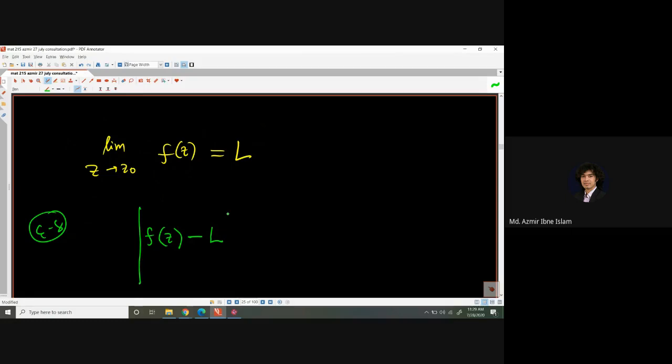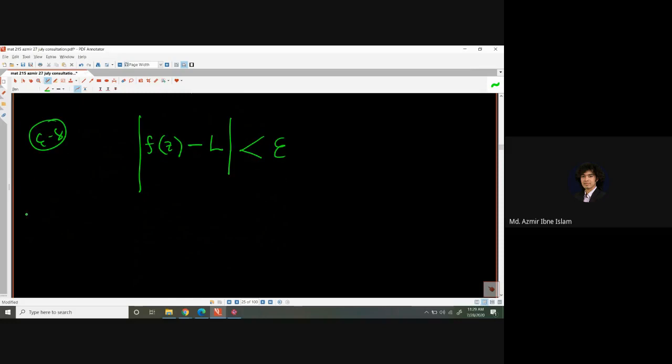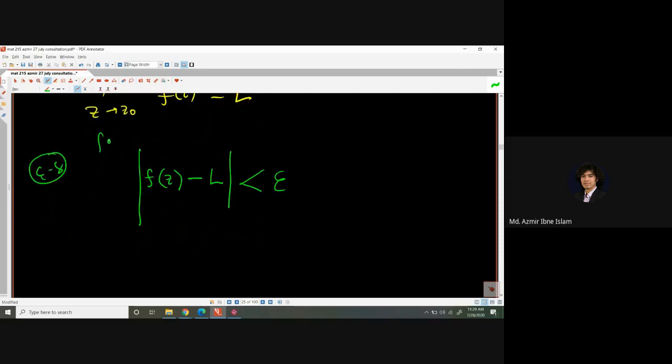So the absolute value of f of z minus L will be less than epsilon, where epsilon is a positive value.